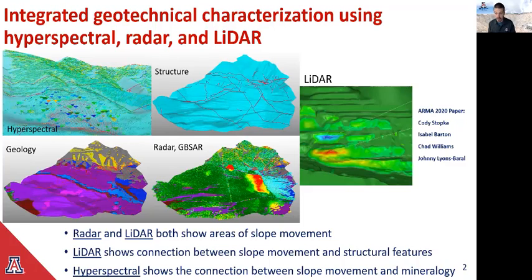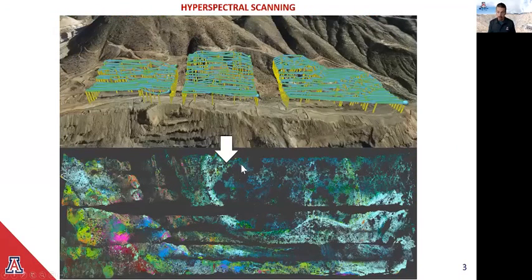What we found in this study, which mainly focused on this upper part of the slope, was an area that was moving with the radars, and we were able to correlate that with hyperspectral scanning that Isabel Barton conducted to swelling clays, specifically montmorillonites and some of the weaker igneous rocks.